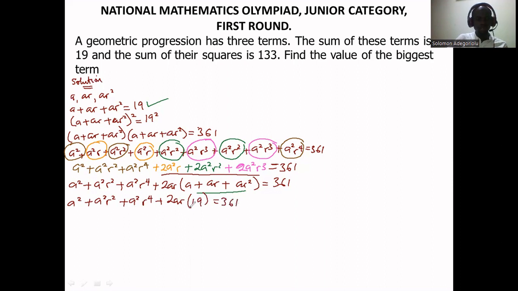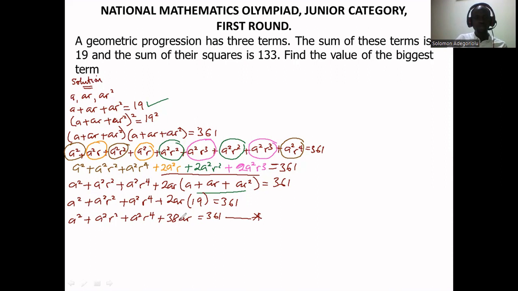Okay, so if we multiply this together, that will be A squared plus A squared R squared plus A squared R raised to power 4. Then this eventually will be 38AR is equal to 361. All right, let's label this equation asterisk.